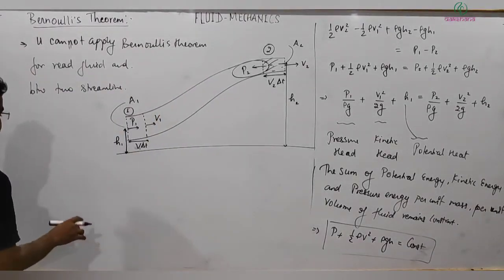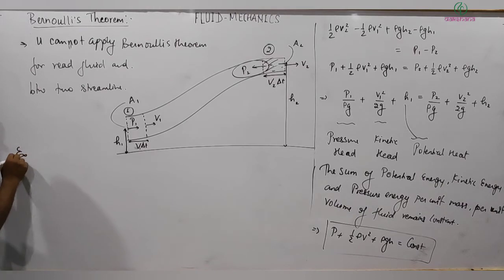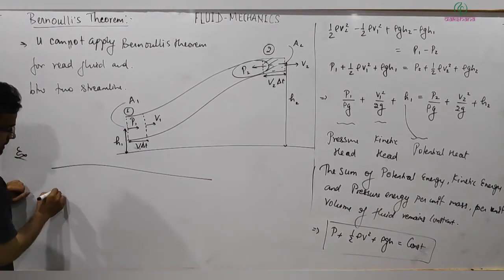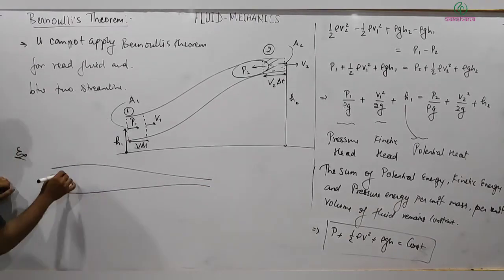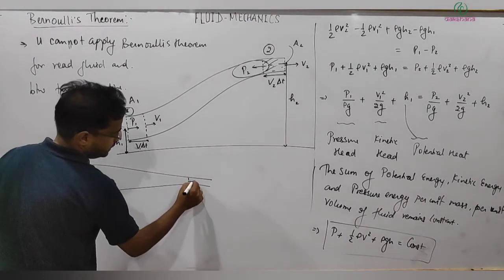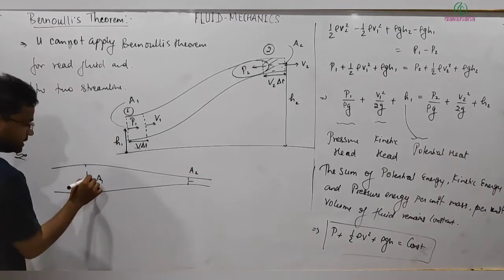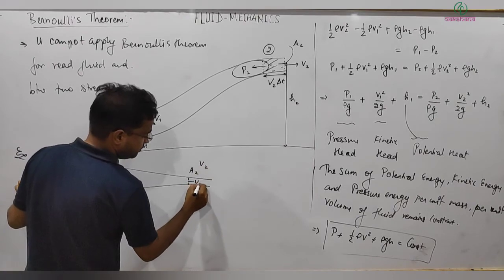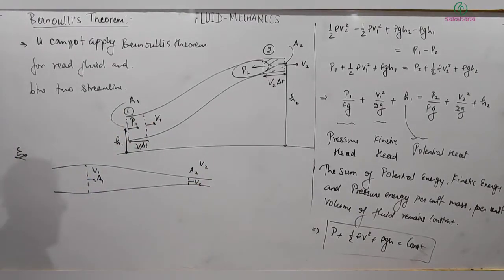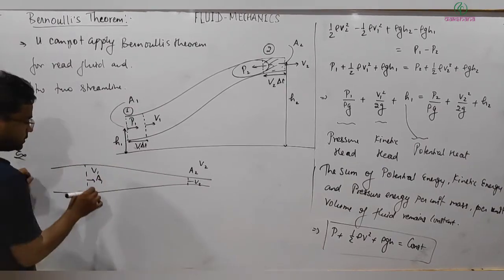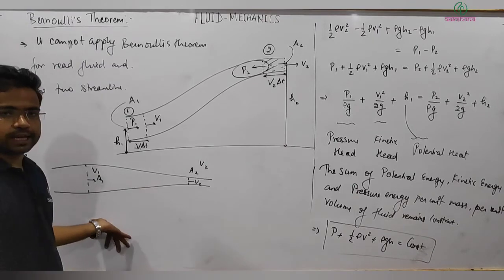One simple application, let me tell you one example. We have a pipe of variable cross section. Let's say here the cross section area is A1 and here the cross section area is A2. If the velocity here is V1, then the velocity here will be V2. Which will be higher? I think you are already positioned to answer that. Let's suppose it's placed at the same horizontal level, so there is no potential head.